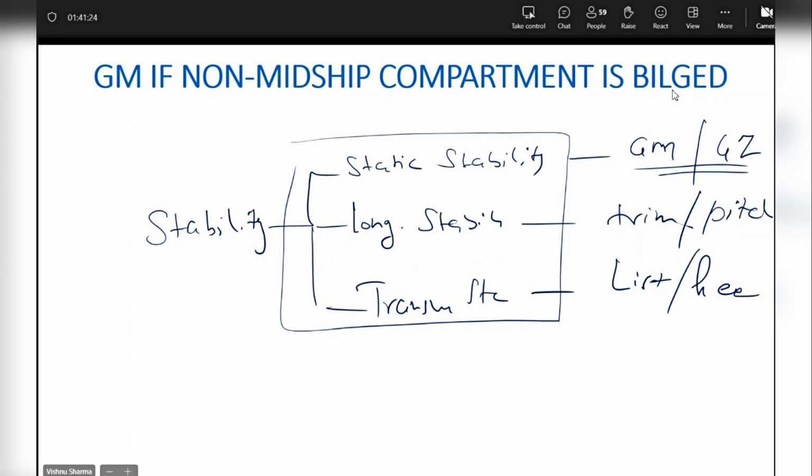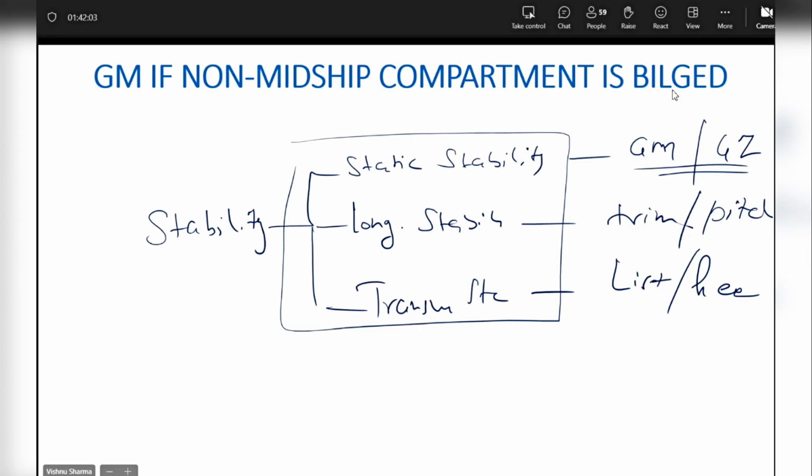All three components, be it static, longitudinal or transverse, are equally important. You can't say I keep my GM high, but longitudinally I sail out with adverse trim and have all those issues. So all aspects of stability are important. But how are they calculated? They are calculated independent of each other.